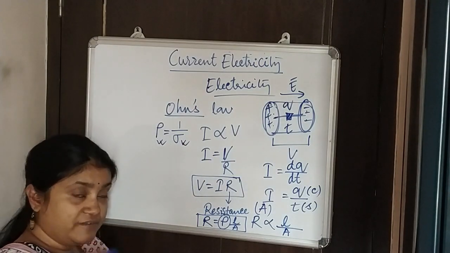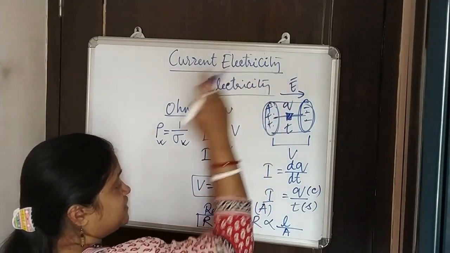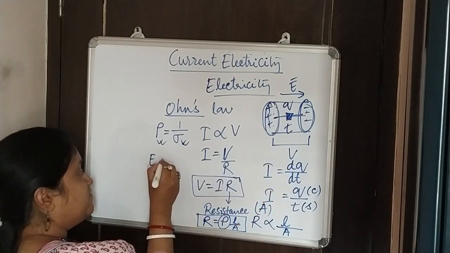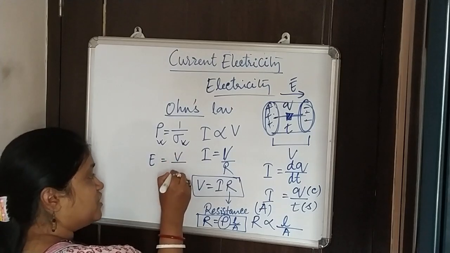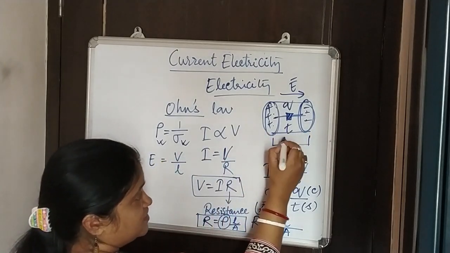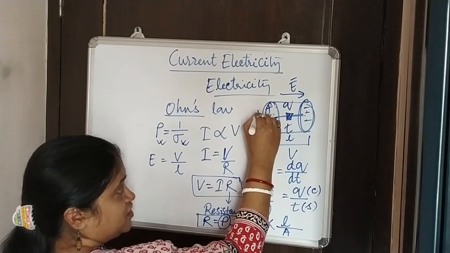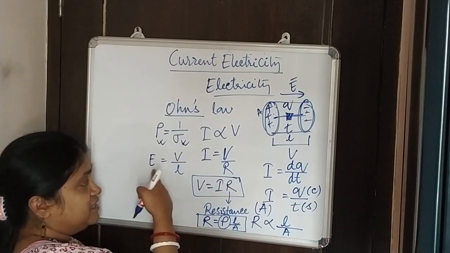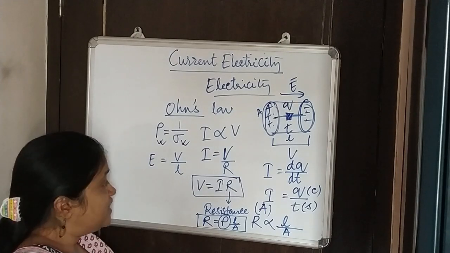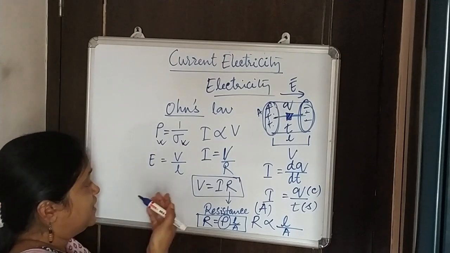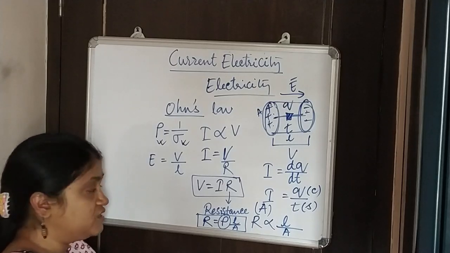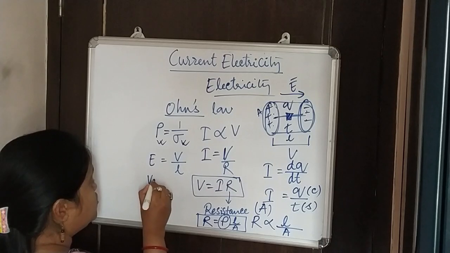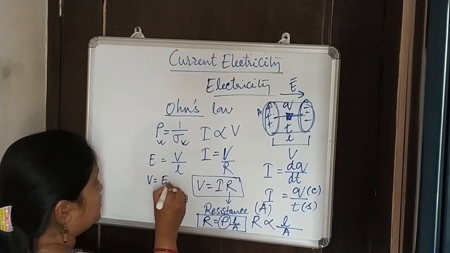From our knowledge of the relation between electric field and potential, we know that electric field is the gradient of potential. This wire is of length L and cross-sectional area A, and potential V divided by L is our electric field. So we can also say V equal to E into L.